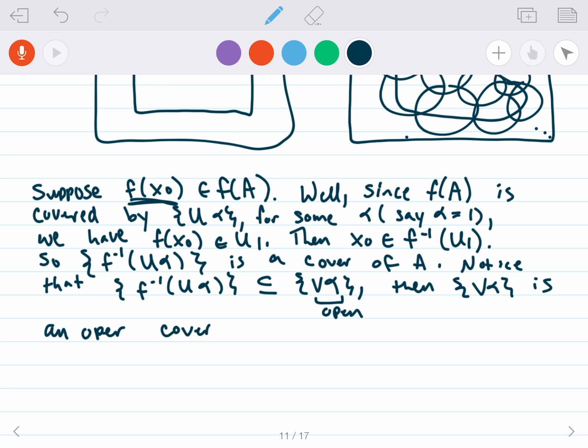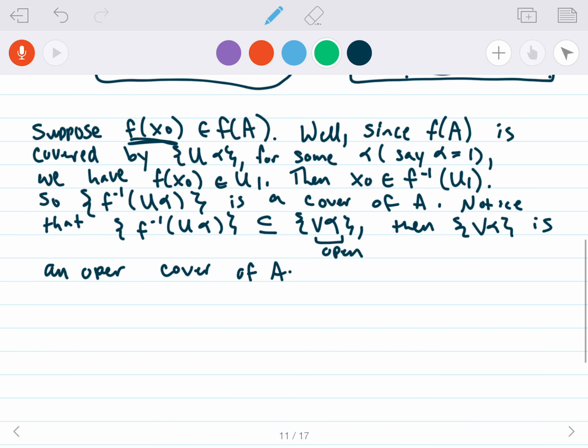Okay, so now we're in a good position because we know that A is compact. And because A is compact, we can condense these open covers to a finite subcover. So here we go. Since A is compact, this collection of open sets has a finite subcover.